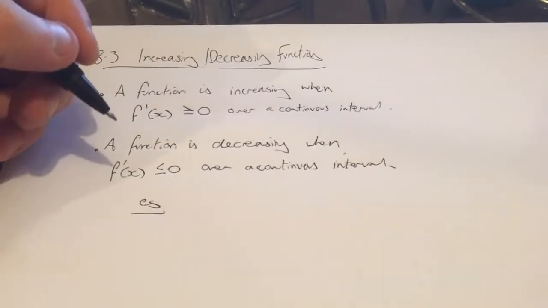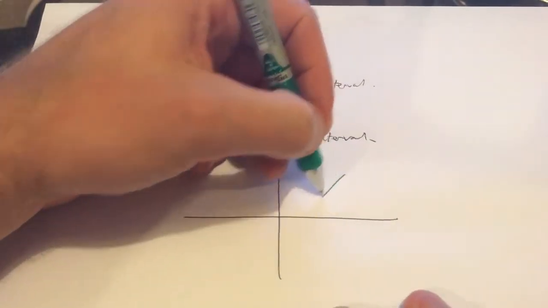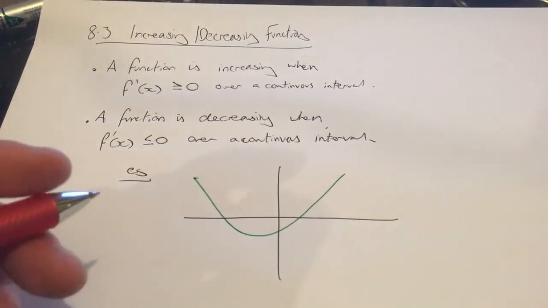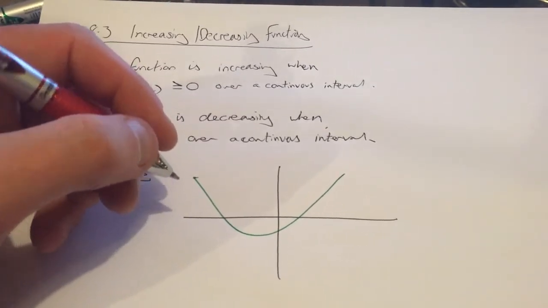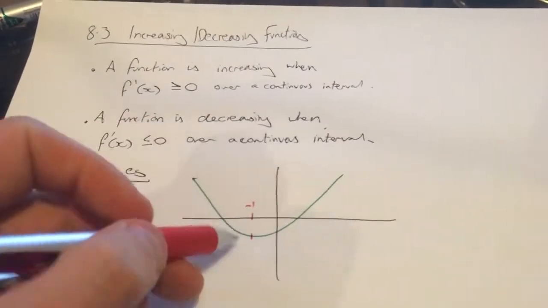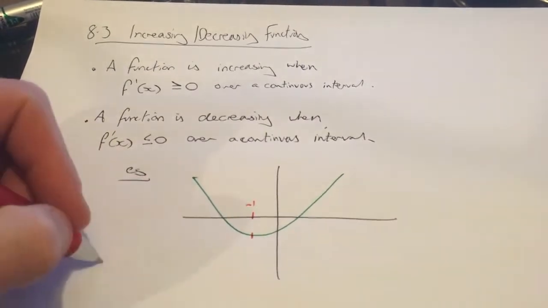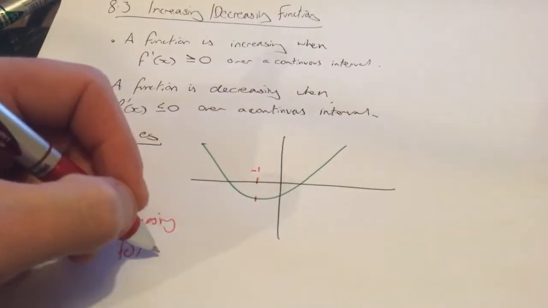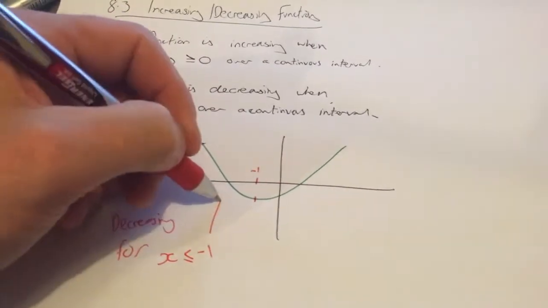For example, let's have just any old quadratic, with a minimum there at x = -1. For this graph, if that's our minimum, then it is decreasing for x less than or equal to -1, so all of this bit here is decreasing.